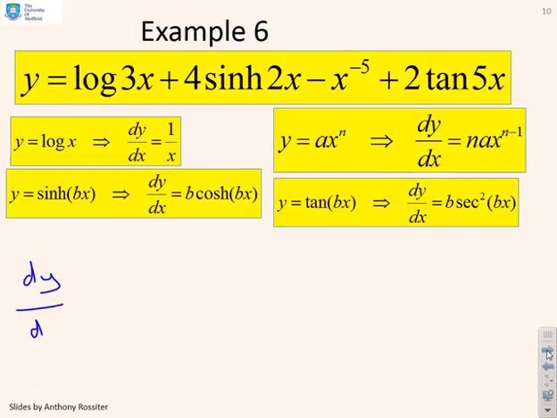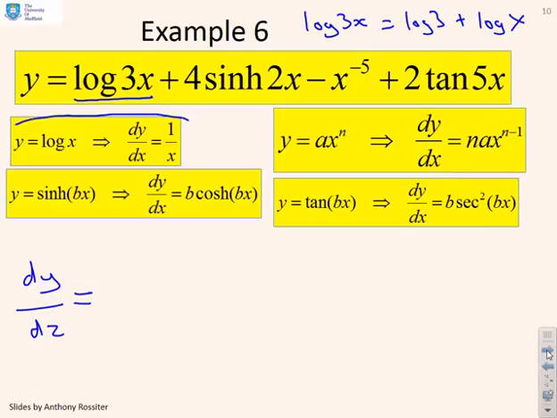So dy/dx equals, so first I'll do the log 3x, and what you might want to notice is that log 3x equals log 3 plus log x. So the log 3 obviously differentiates to 0, and the log x is exactly what we've got in this table. So we get 1 over x.